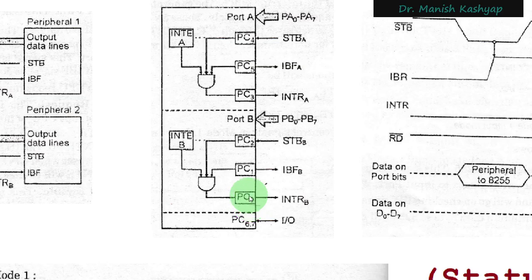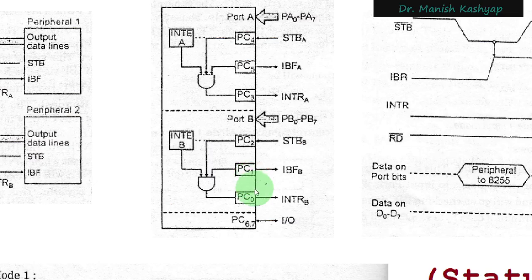The remaining 2 bits can be programmed in mode 0. So if port A or port B is programmed in mode 1, you still have 2 bits which remain in port C. Those bits can be used for simple input output purposes in mode 0. But we are not talking about that now.